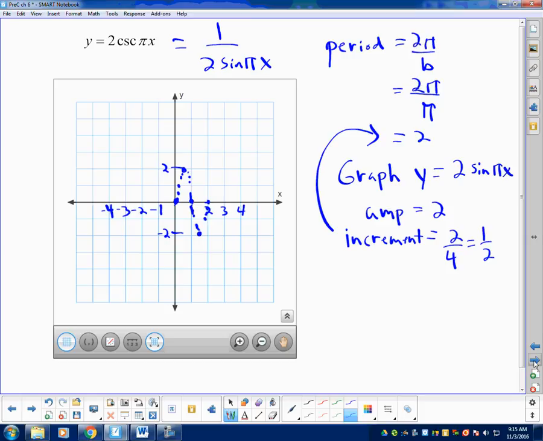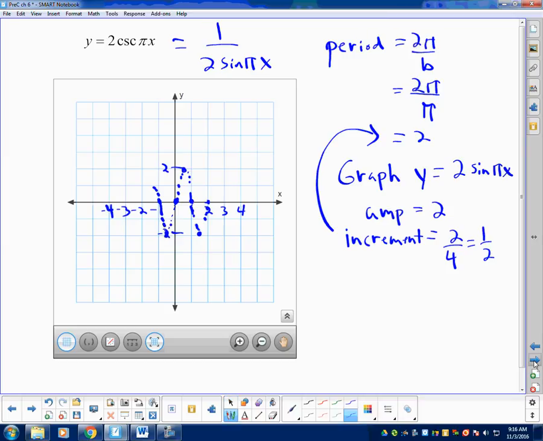We need to keep going here and draw a dash. Yes, we're graphing. That's why I'm doing dash, because it's not actually our graph of cosecant.